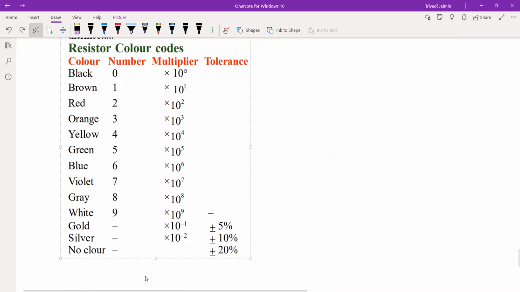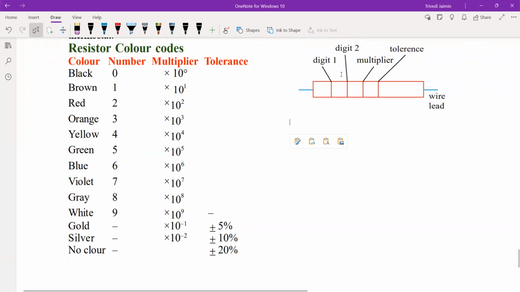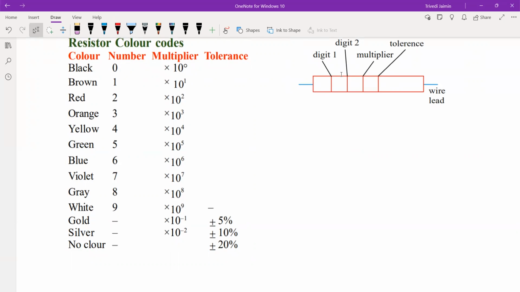Now see this. First digit, second digit, multiplier, tolerance.